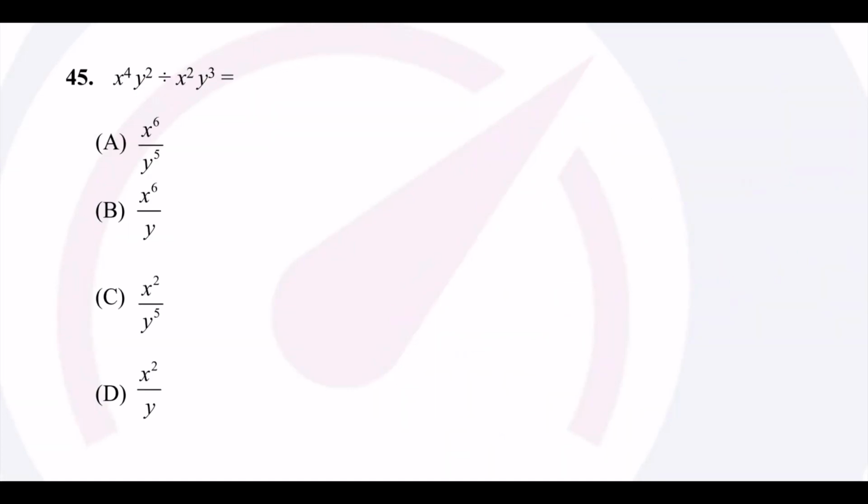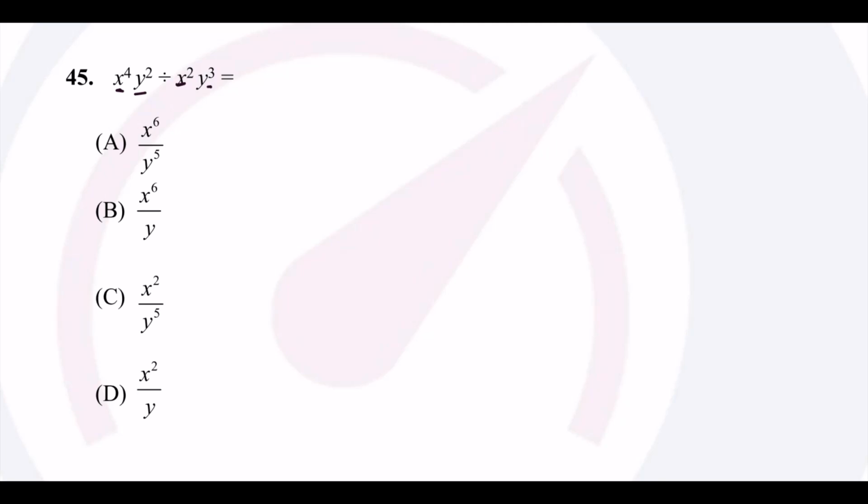Now question 45 can be worked so many ways. We can apply the laws of indices, or if you want to expand, you do whatever is comfortable for you. We have the same base, x here and y, so when we're dividing, we subtract our powers.